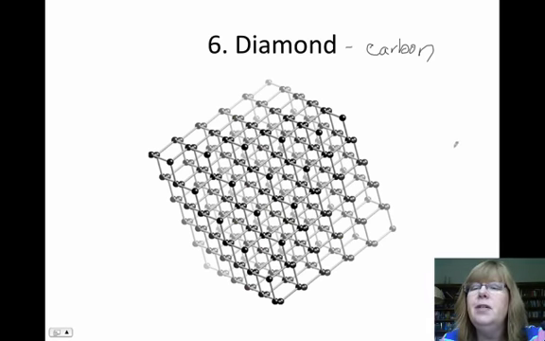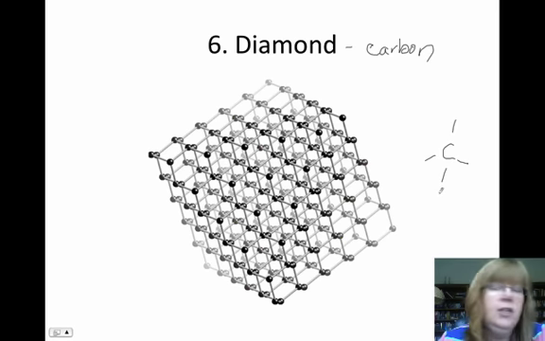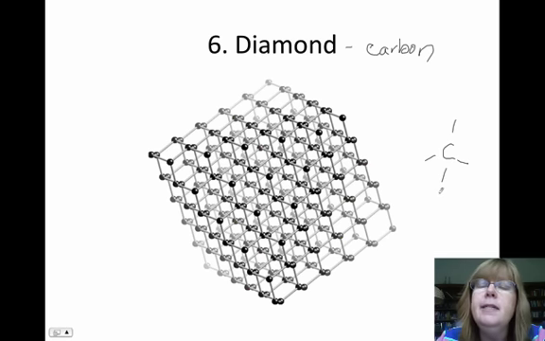And when we say tetrahedral, we mean that it kind of has a shape like this. And so it's just carbons in this structure, and it's huge. So diamond is nothing more than carbon, and it's arranged as shown in this figure. Is that an element, a compound, or a mixture?